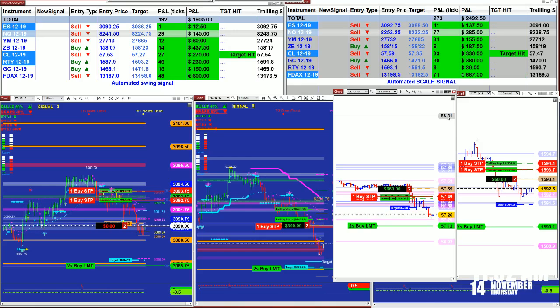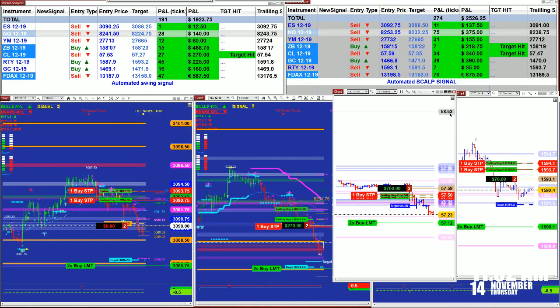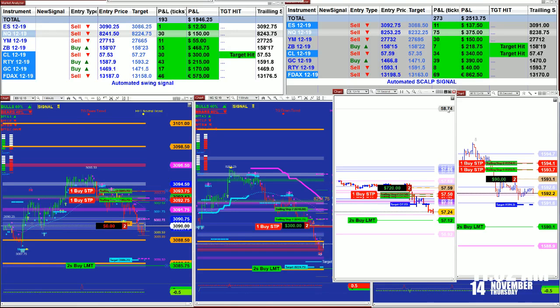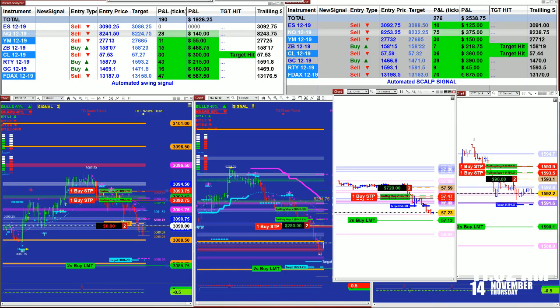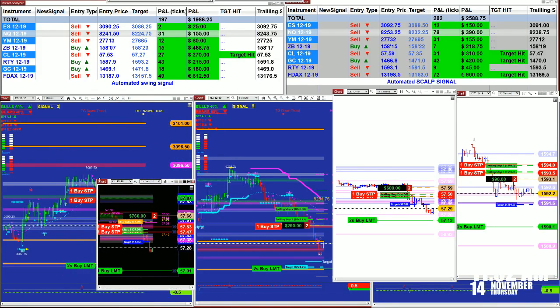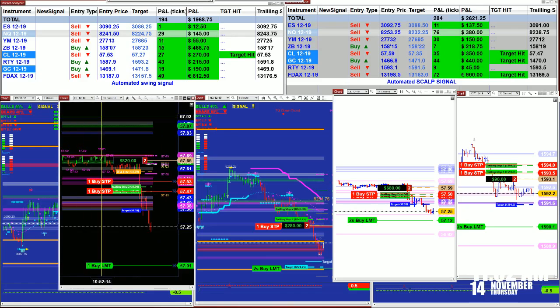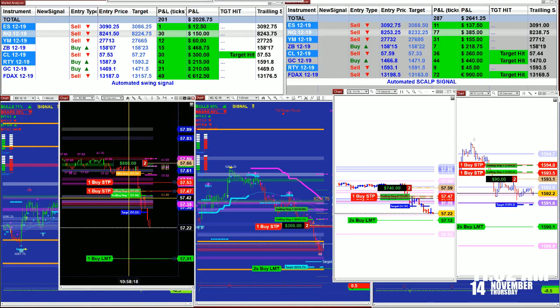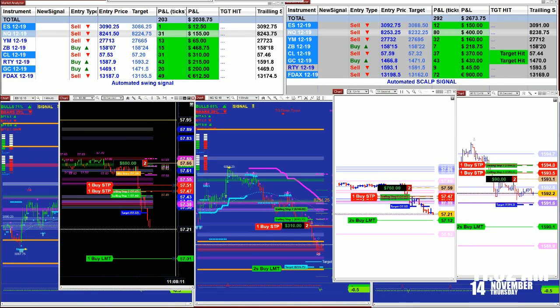And this is the zone CL, across all those lines.